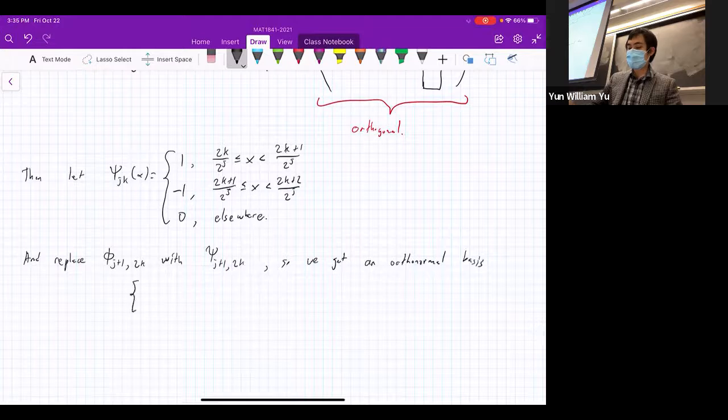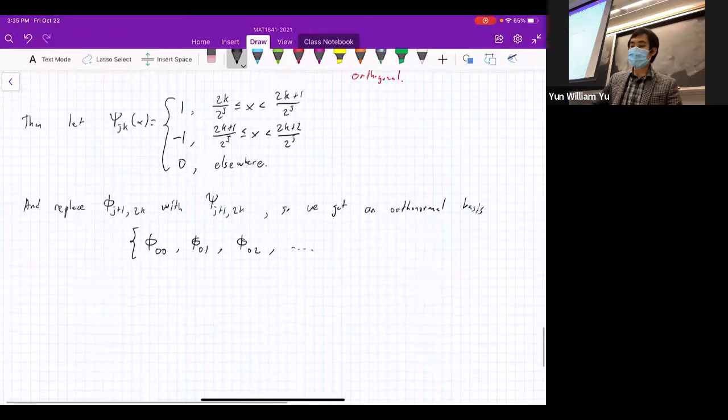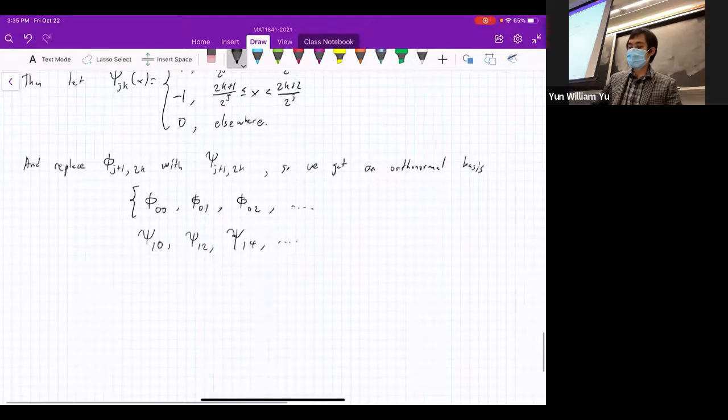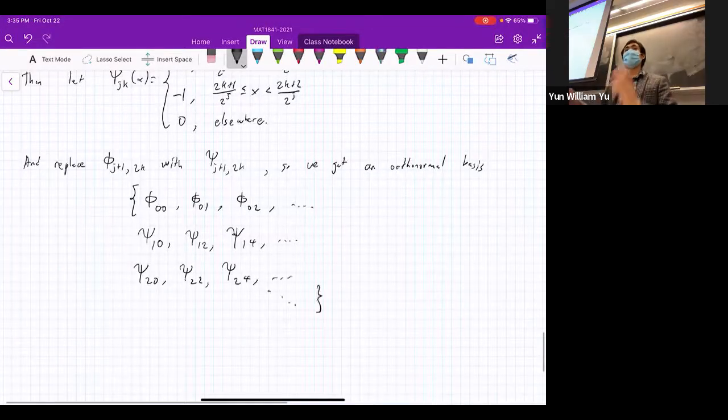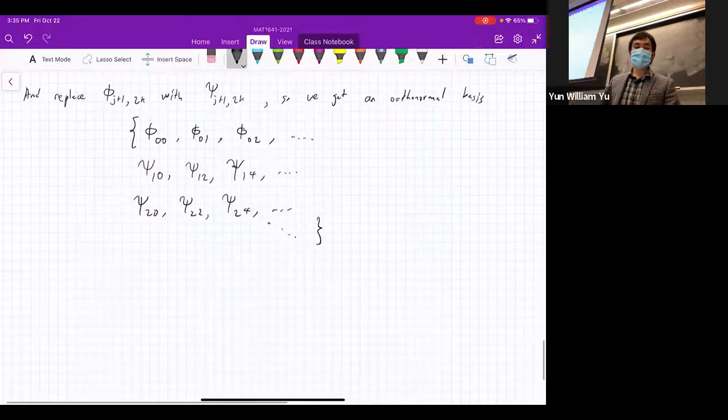That is, we still have the phi's on the first level because we don't need to worry about those, phi 0, 2, and so on. But in the lower levels, we have these psi's instead: psi 1, 0, psi 1, 2, psi 1, 4, psi 2, 0, psi 2, 2, psi 2, 4, and so on. And this actually does turn out to be an orthonormal basis.